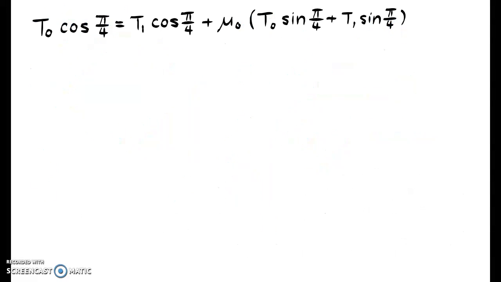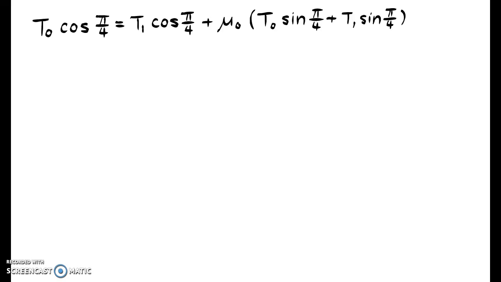Now that we have this equation, we know what T0 is, that was given. We know what mu 0 is, that was also given, and we have all our angles already. So all that remains to do is to solve for T1.